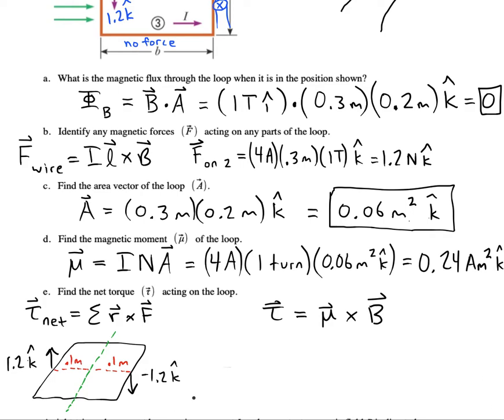So to get those torques, we just have to multiply 1.2 times 0.1. And we want to do that on the other side as well. All right, so it's a total of, looks like 0.24.